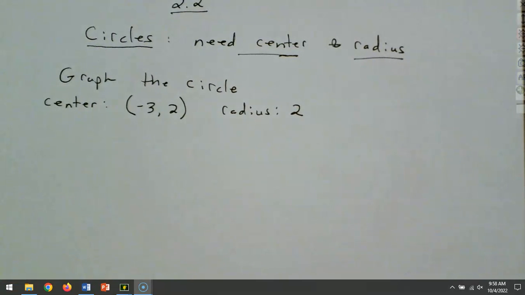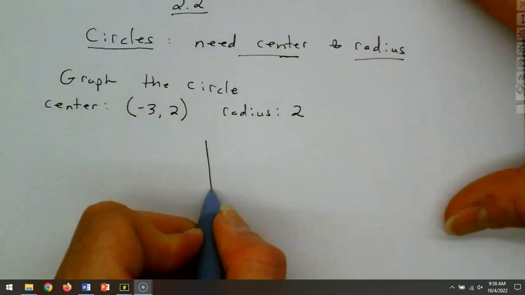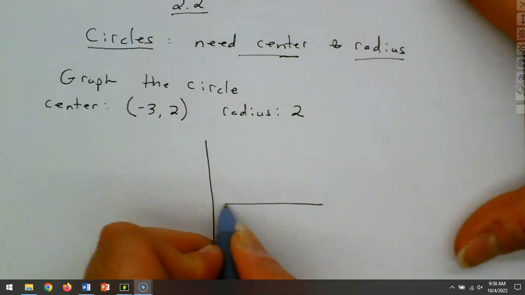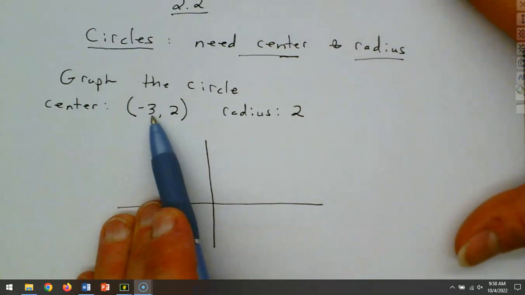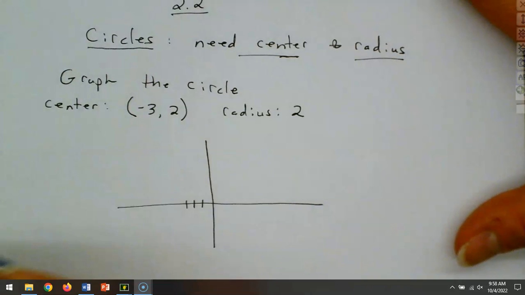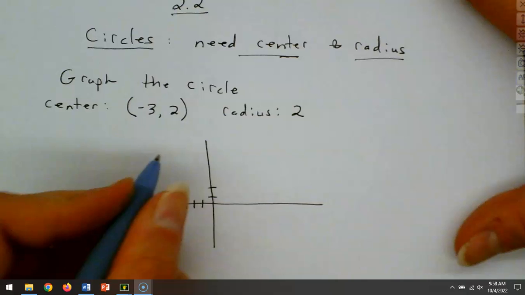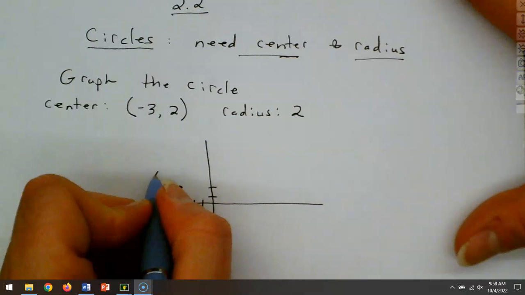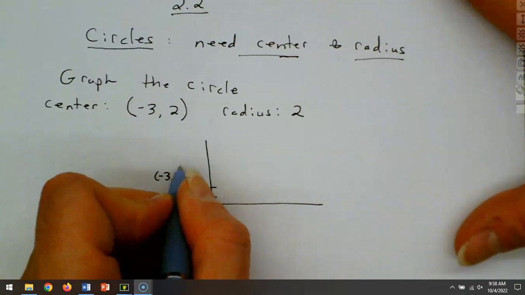Well, we begin by plotting the center. Center is an ordered pair, so we're going to plot that ordered pair. And -3, 2, well, that's back 3, up 2. And that's right there.